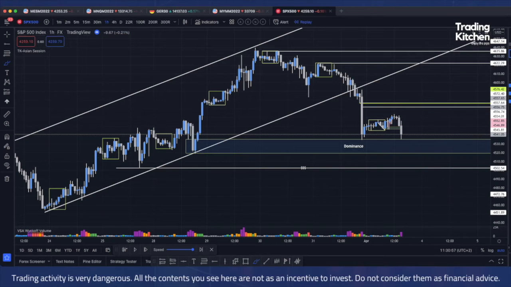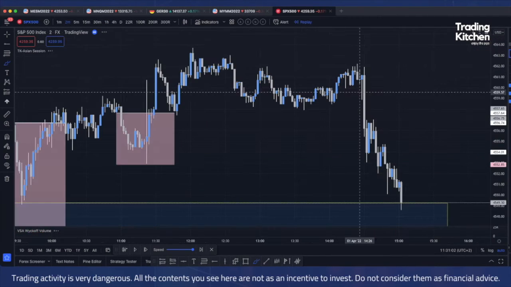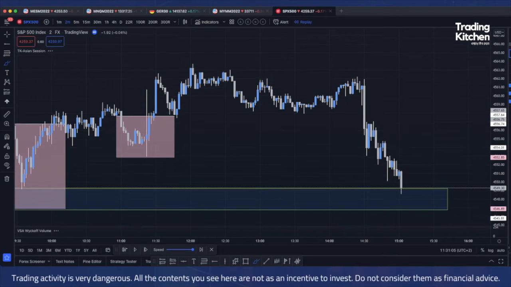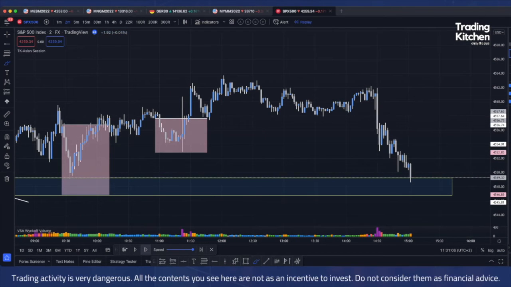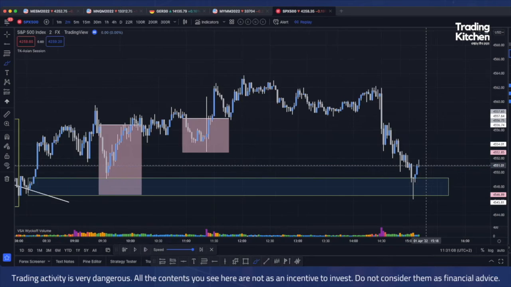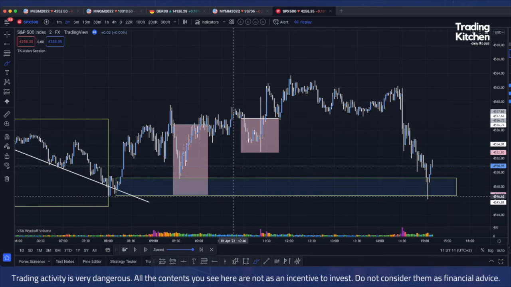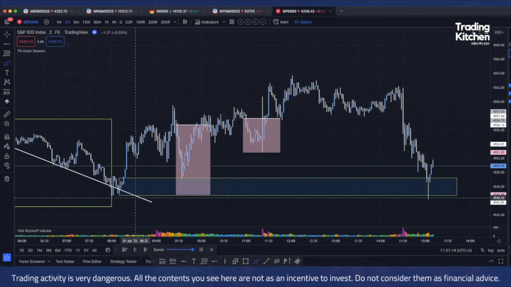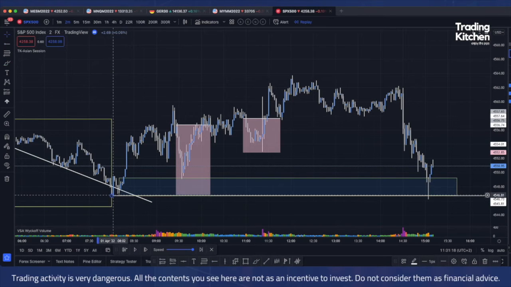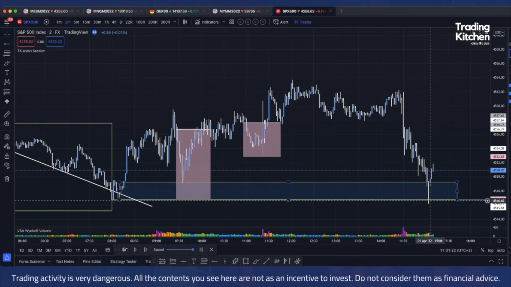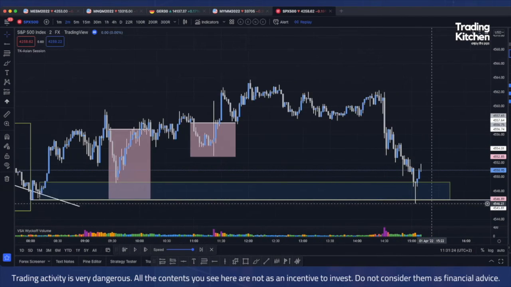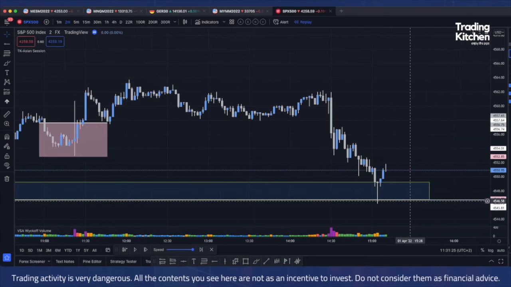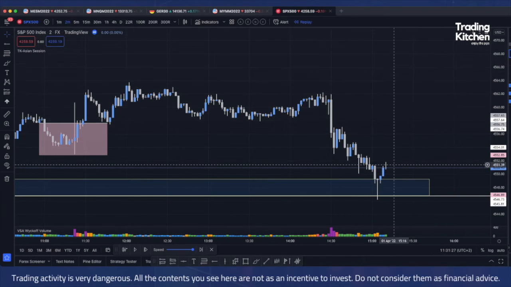So let's jump in the 2 minutes chart again and let's see what's happened. Okay, so we have this clear double bottom and fake breakout, so liquidity grabbing, pin bar. So this could be good as well, okay. And another engulfing here.